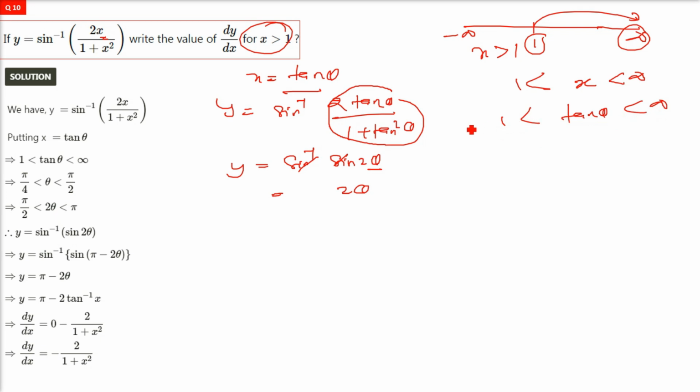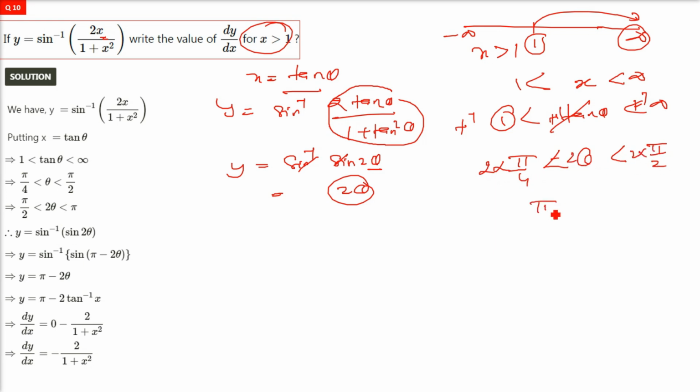So tan theta is between 1 and infinity. Now you can just take the tan inverse. This theta will be what? pi by 2 will give you infinity, and pi by 4 will give you 1, because tan pi by 4, tan 45 degrees is 1. So pi by 4. Now you need 2 theta, so multiply by 2. When you multiply by 2, you get pi by 2 for 2 theta.